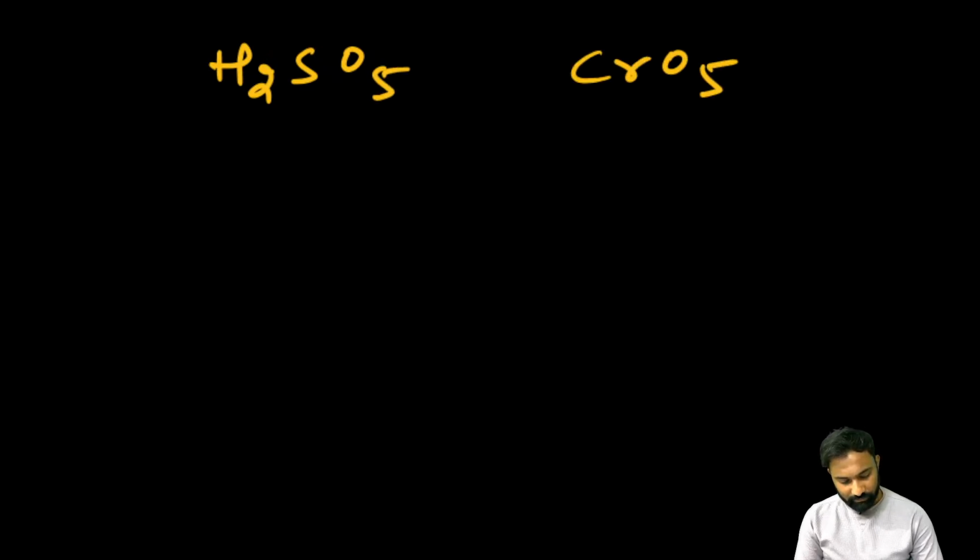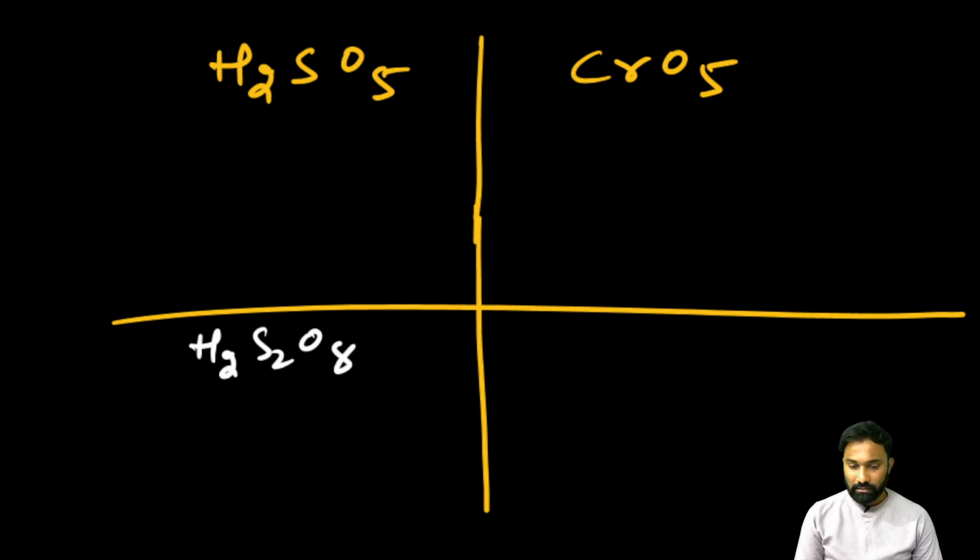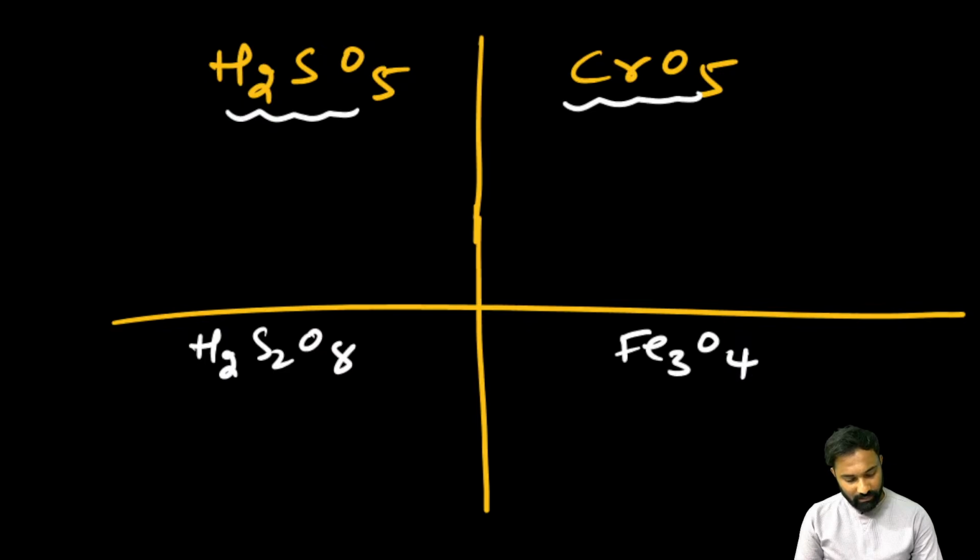First, if you take the oxy acids, that is H2SO5, next CrO5, and next one H2S2O8, done. Next Fe3O4. This type of molecules they have given. Then they will ask you what is the oxidation number of the sulfur, the chromium, the sulfur, and the iron.